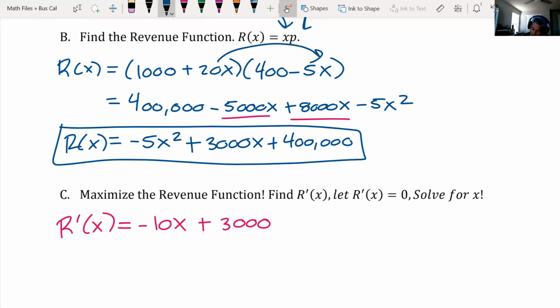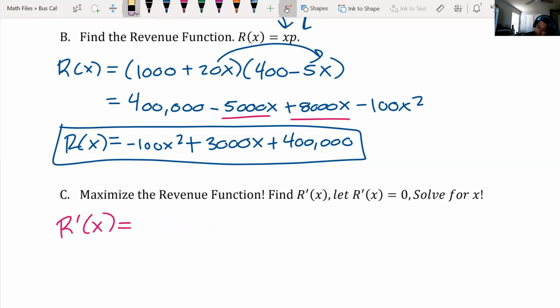What's 20 times 5? 100. I was looking at that, I was going to ask you at the end: 100x squared. Oh, good. Glad we caught it now. There we go. Negative 100x squared plus 3,000x plus 400,000. I started doing the derivative and I was like, this doesn't look right at all.